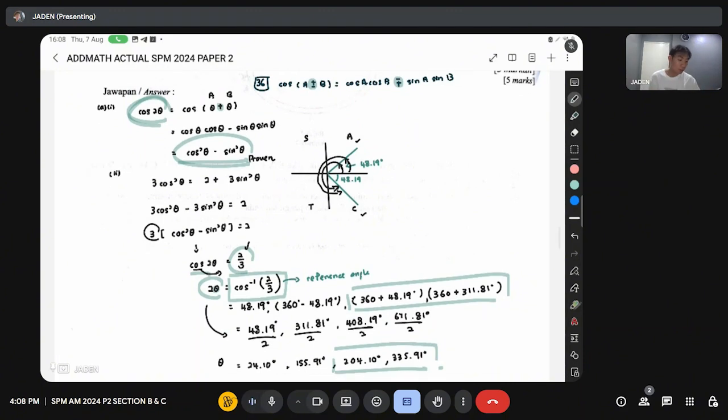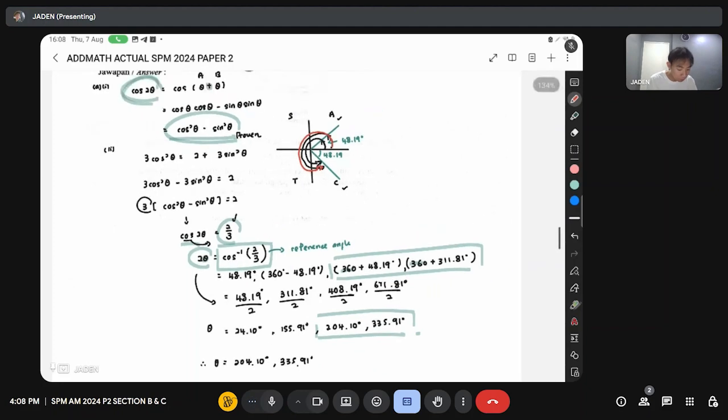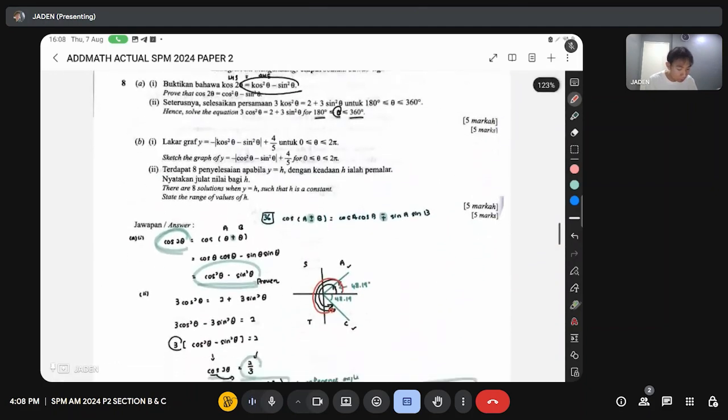Okay, second round is much easier because you just have to add another 360 degree, which is why I write it down here, 360 plus the 48.19 and also 311.81, because the 311.81 represents this full cycle all the way until the fourth quadrant limit line, which is at 311.81 degree in total. Okay, so that will be for A1 and 2.